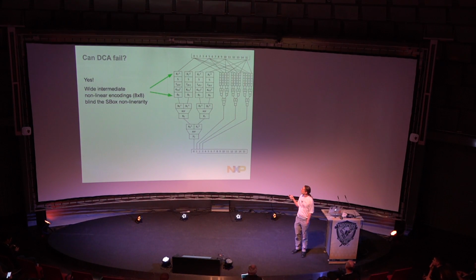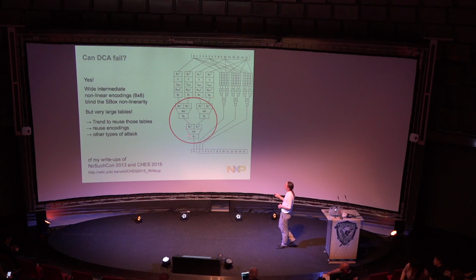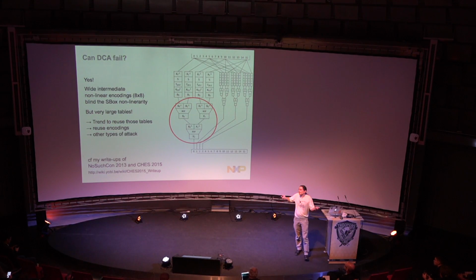And in an implementation, just these three tables are as big as all the rest. So there is a tendency to reuse this one, otherwise your binary becomes much too big. And from the moment you're reusing it, there are other types of attacks. And finally, this one I also broke, and it's also explained there, but it's not using the same attack. And the chess challenge also used kind of the same model. It was on a Game Boy ROM, and it's also one of the pictures I showed earlier.